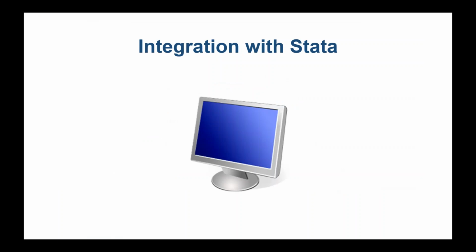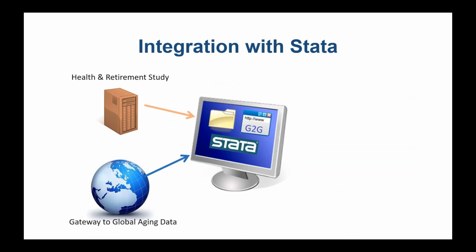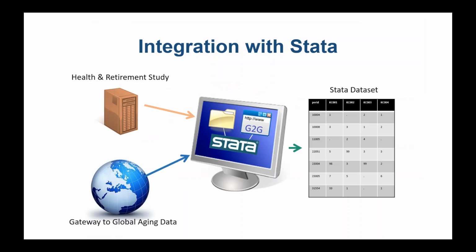Once you're registered, one of the things we allow you to do is to integrate with data. The idea is that, let's say you have the HRS data stored on your computer. Then you could use the Gateway to Global Aging data, for instance, to search for variables about pain, right? And which questions are asked about pain.